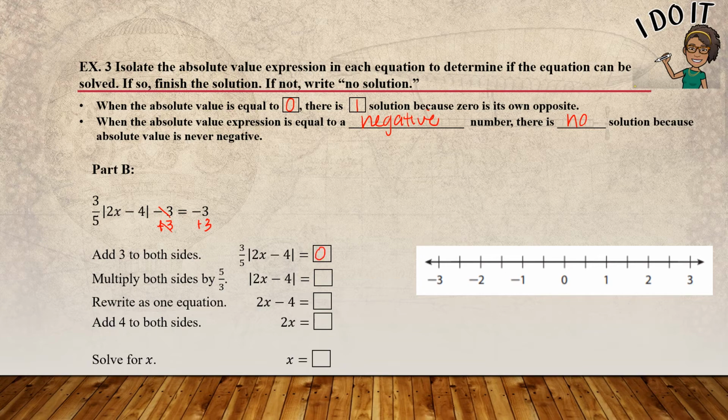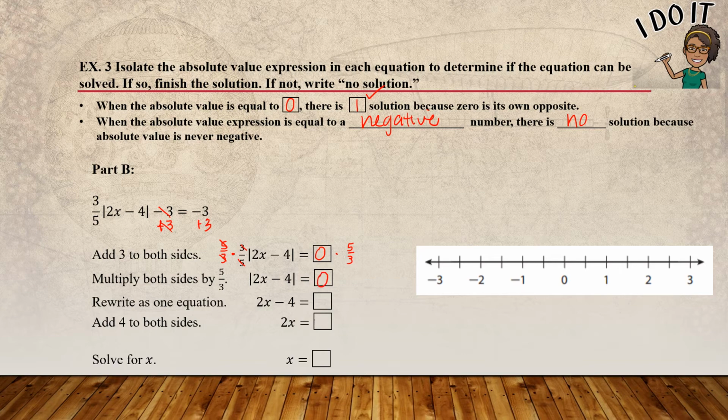So obviously we know if it's equal to 0, it's going to have 1 solution. So we multiply both sides by the reciprocal of 3/5, which is 5/3. On the left, it cancels everything out, leaving us with the absolute value of 2x minus 4. And on the right, 0 times anything is just 0.